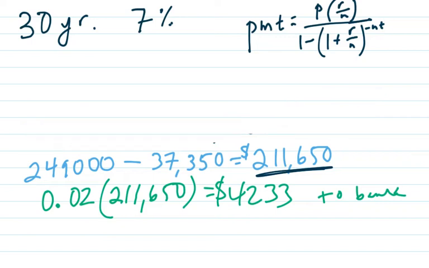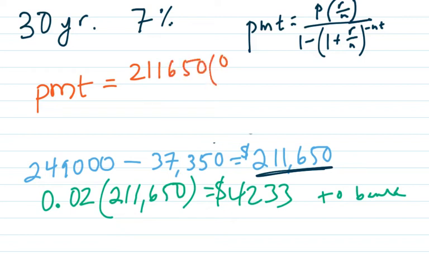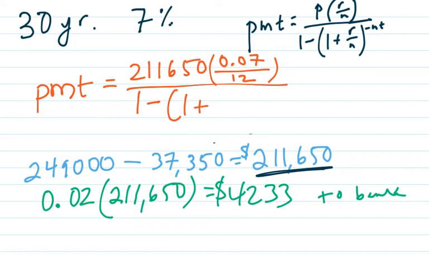I'm actually going to say, okay, well, my monthly payment for my mortgage will be the principal, which was that $211,650 times my interest rate, 0.07, divided by 12, because we make 12 monthly payments in a year, all over 1 minus the quantity 1 plus 0.07 over 12.